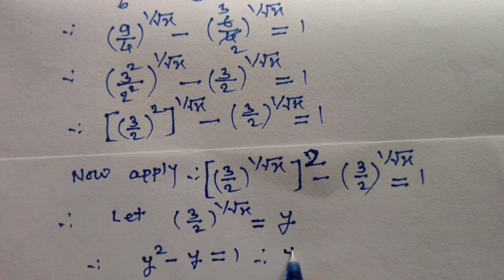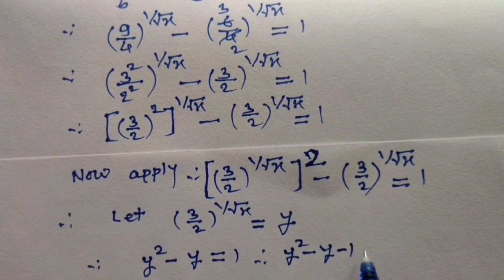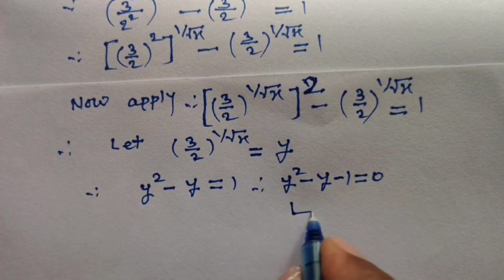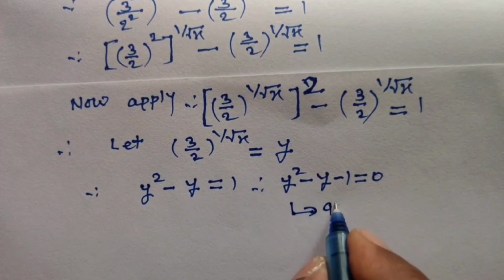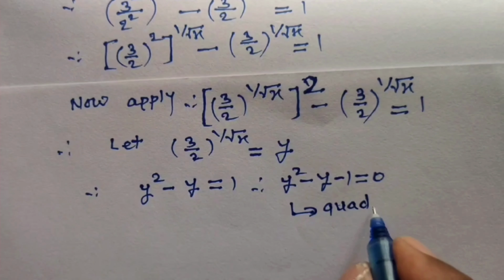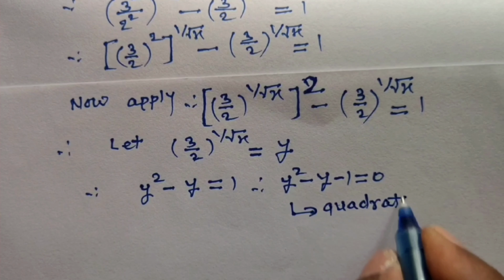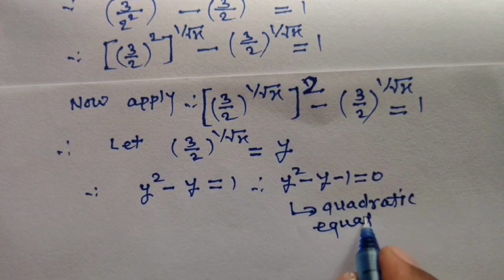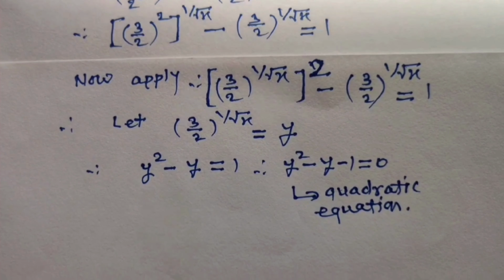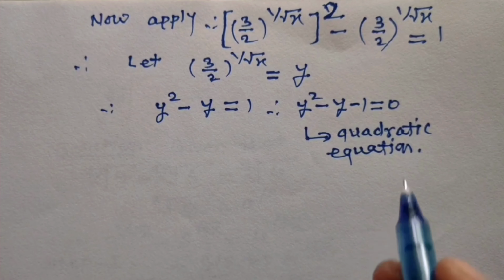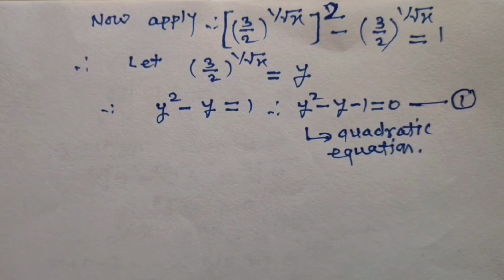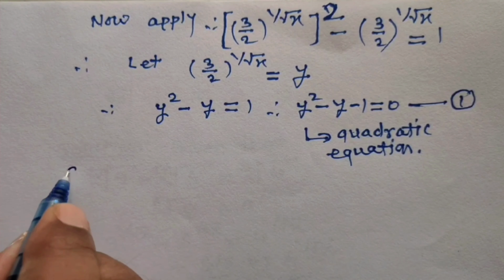Now taking 1 on the left hand side, the equation becomes y square minus y minus 1 is equal to 0. And this is a quadratic equation in variable y. Now, for the method of solving a quadratic equation, to get the roots of the quadratic equation, we have to use a formula.